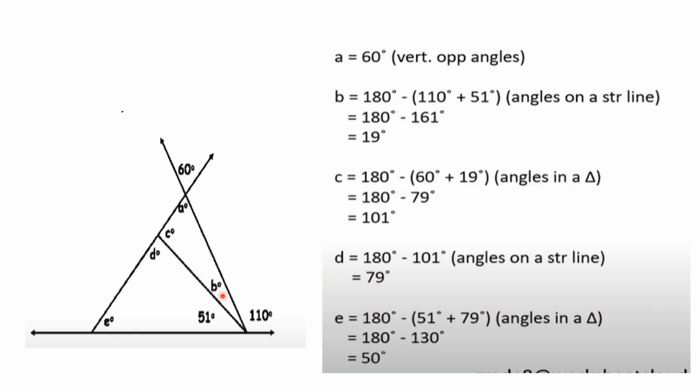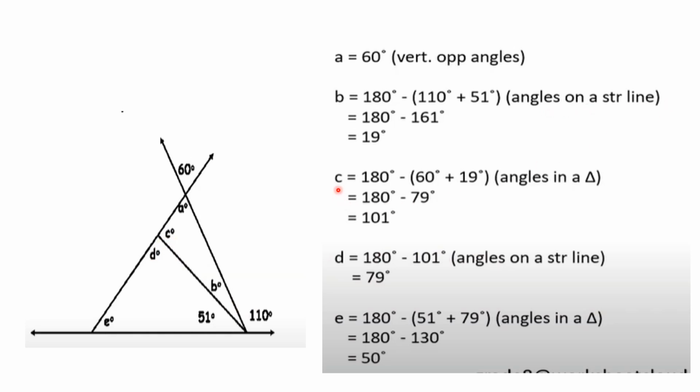So now let us look at letter B. Letter B is on a straight line with 51 degrees and 110. So to find B, we're going to subtract the sum of 110 and 51 from 180. So letter B will be equal to 19 degrees. The reason for that will be angles on a straight line.